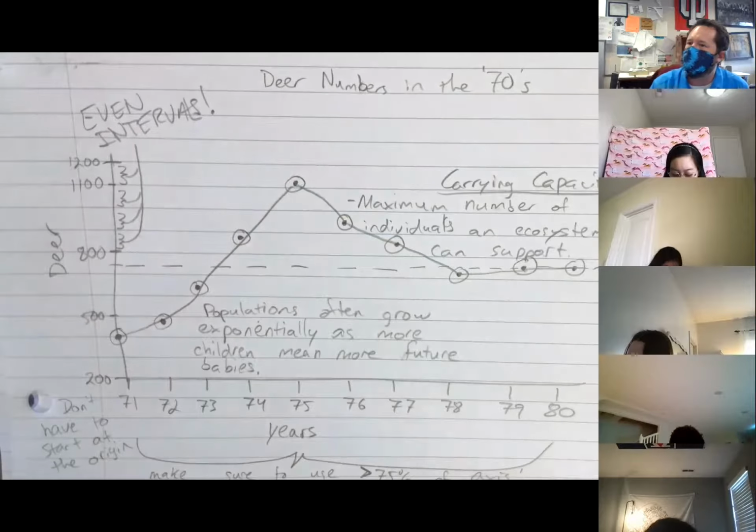Think again, in your homework tonight, you're taking a look at a human population. So the maximum number of individuals that an ecosystem can support.